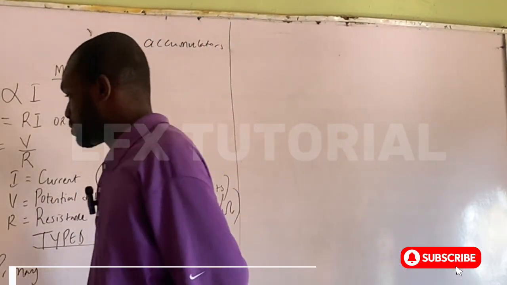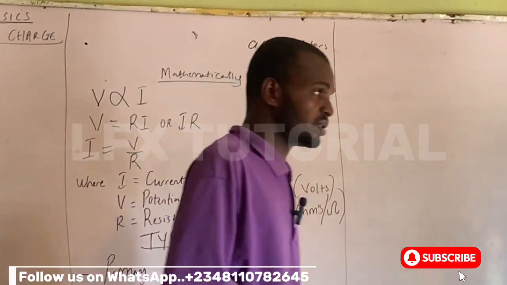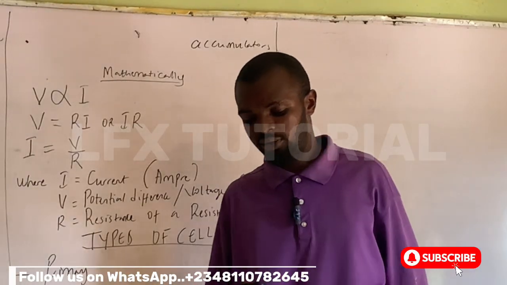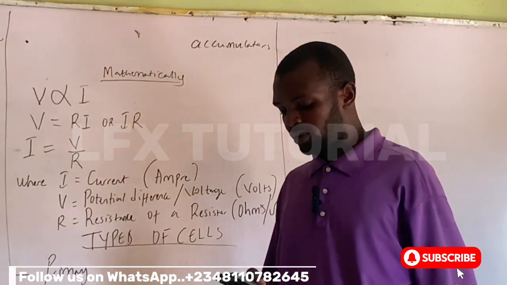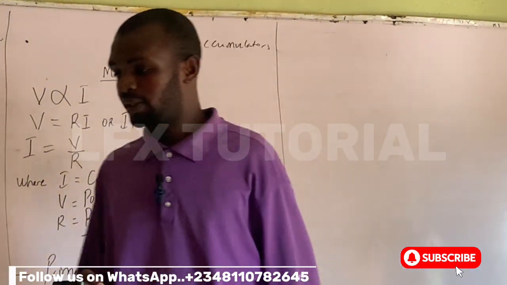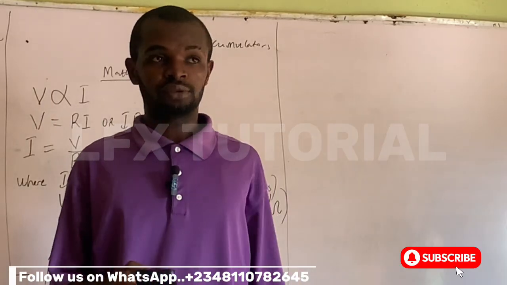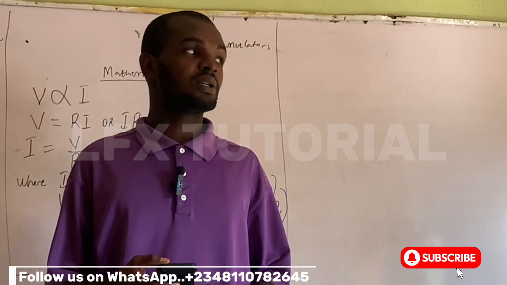They are also called what? Accumulators. These are cells whose chemical actions can be reversed by driving a current through them in a direction opposite to the current they supply.